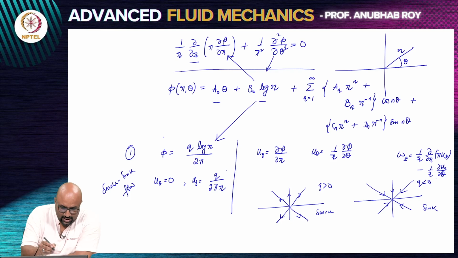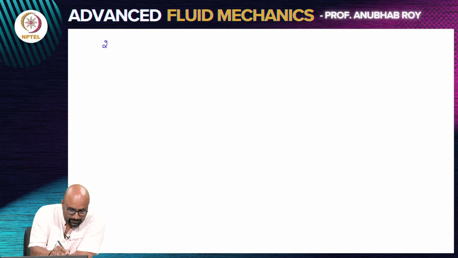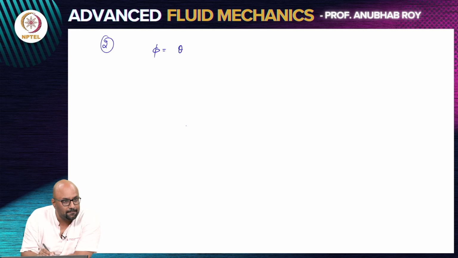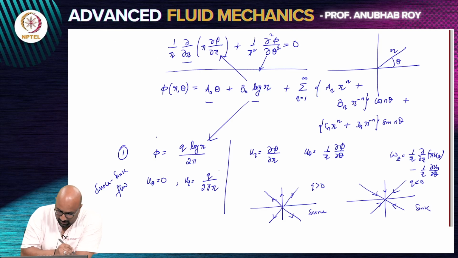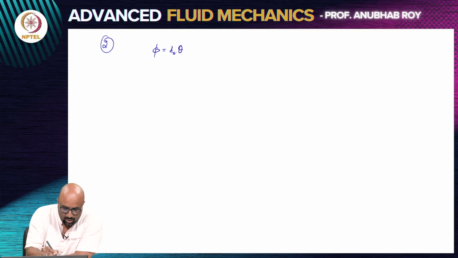Let us take one more example that you are familiar with. I will consider a potential which is proportional to theta. I will consider phi is equal to A0 theta. That is a solution of Laplace equation, hence this is a potential flow, but what kind of a potential flow is this?